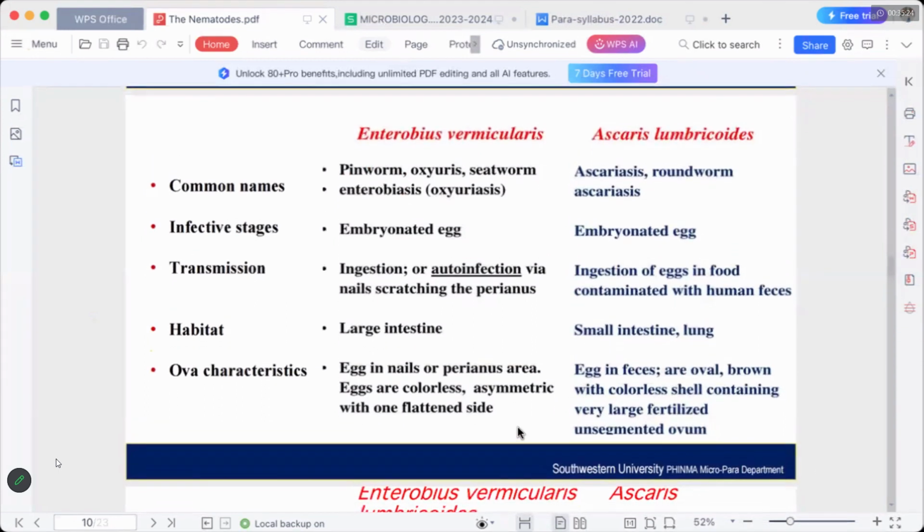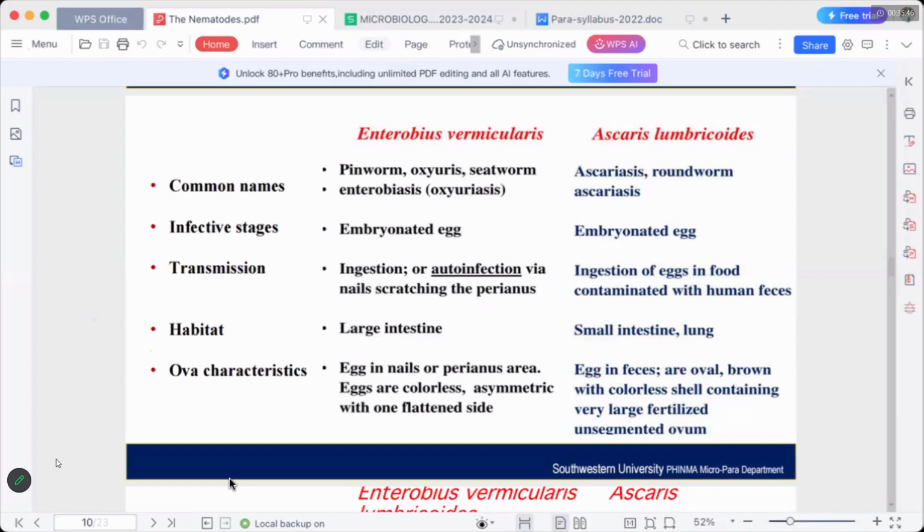So let's go to your Enterobius and your Ascaris. Enterobius is also known as your pinworm, your seatworm, your Oxyuris worm, or enterobiasis, or oxyuriasis.